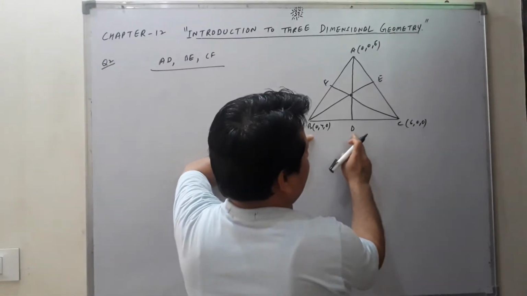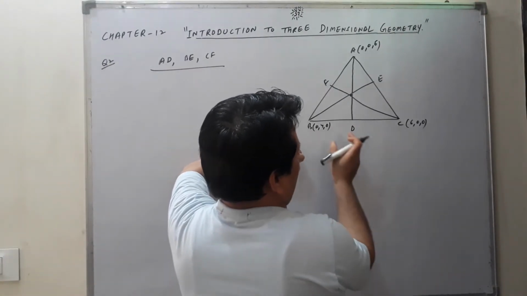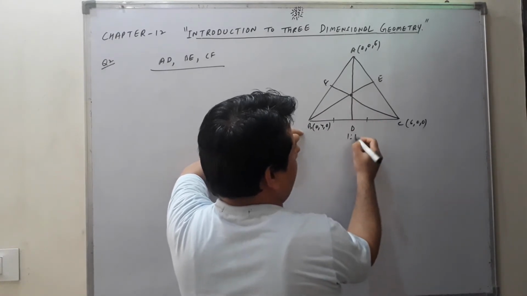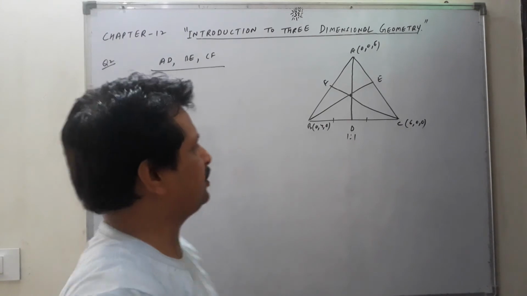So remember students, here what we need? We need the coordinate of D. And you know students, a median divides the side of the triangle into two equal parts. Means here again the ratio is 1:1.